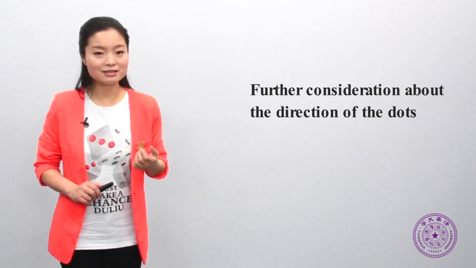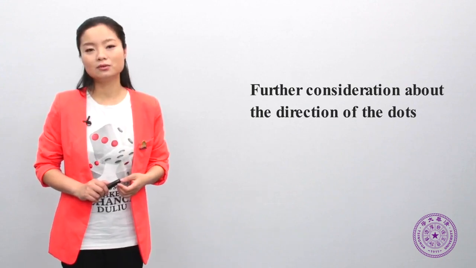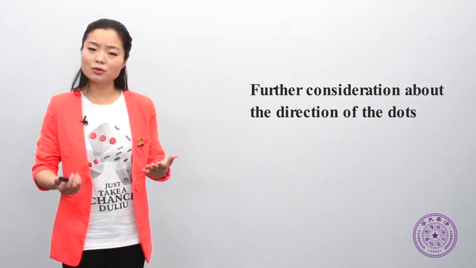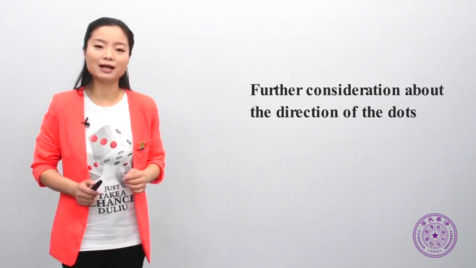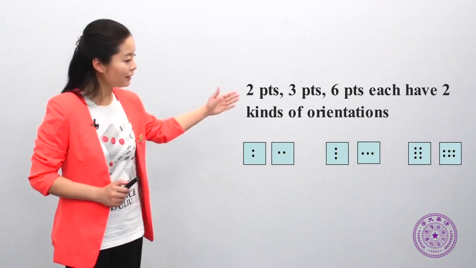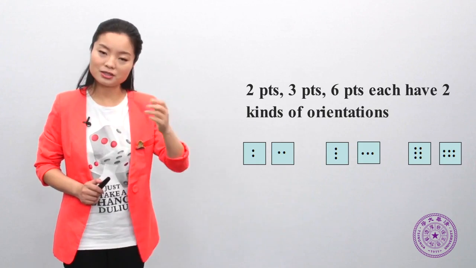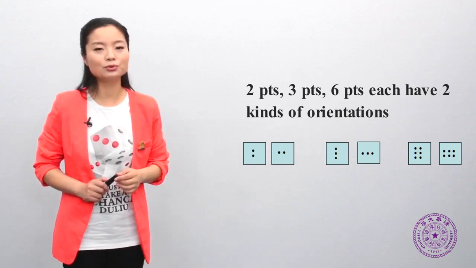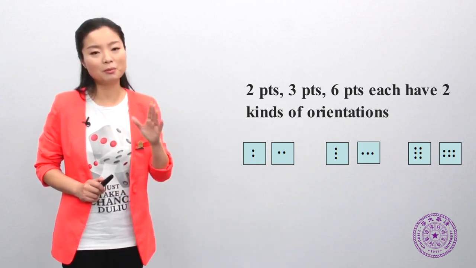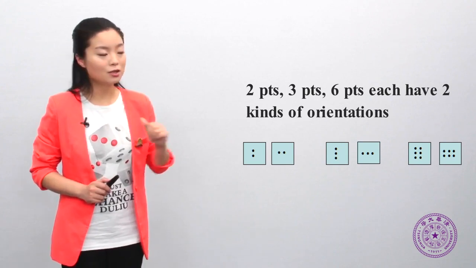We will think that since the dots are different from colors, why would it be so? The arrangement of the dots has special shapes. For example, let's look at the 2 points, 3 points, and 6 points. They are not square. They use a strip shape. Then it contains 2 different orientations. Therefore, we should not ignore these kinds of details.